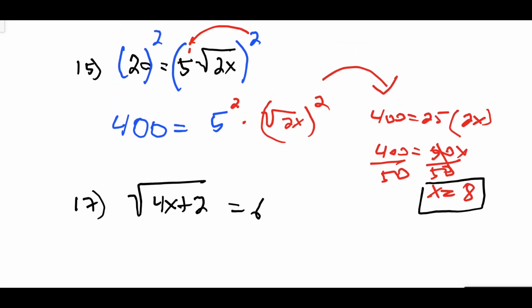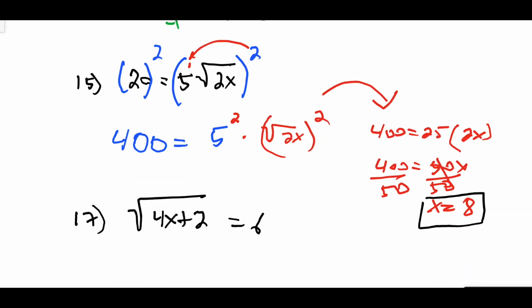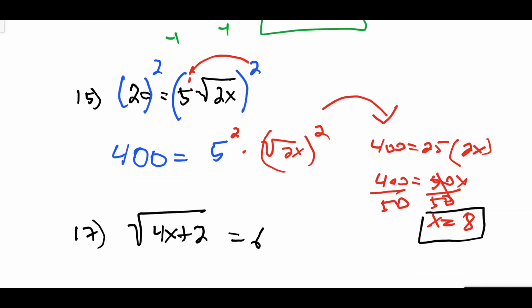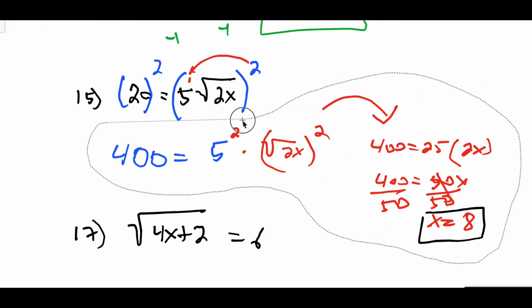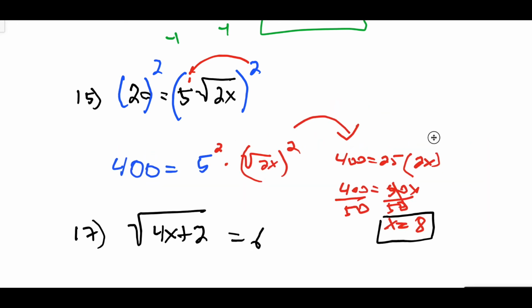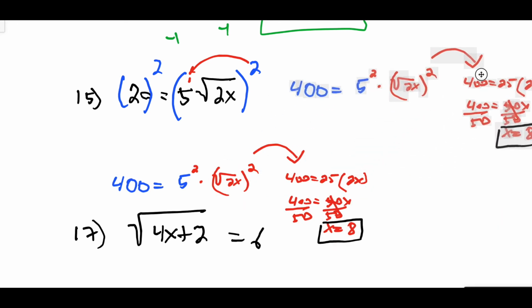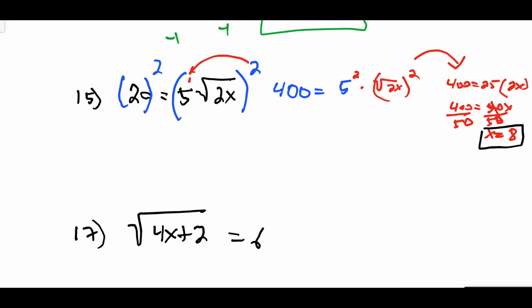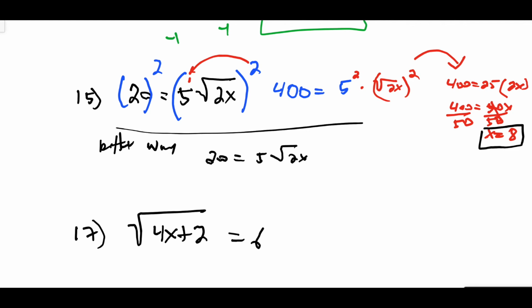I would not do that. Well, let me go ahead and lasso that, because it's better if you put the homies together. So, better way. 20 equals 5 root 2x. At this point, divide by 5 to unvelcro it, and divide by 5. Gone. What do you get on the left?